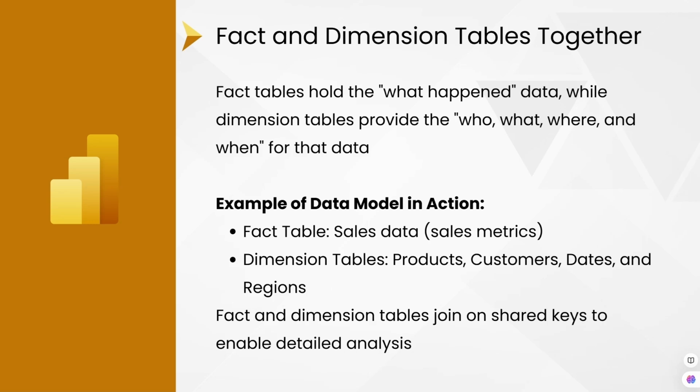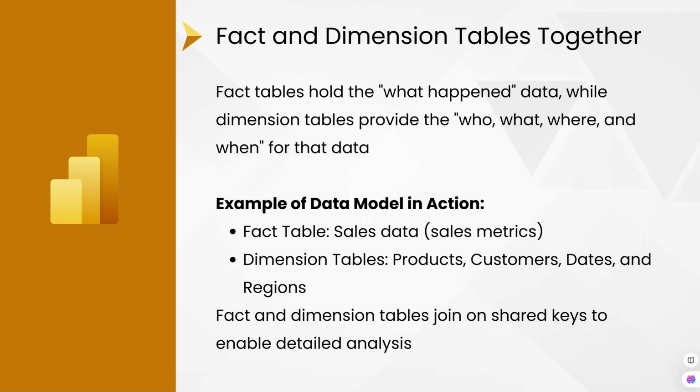For example, in a typical sales data model, the fact table might contain sales metrics, while the dimension tables include details about products, customers, dates, and regions. These dimension tables connect to the fact table using shared keys like customer ID or product ID, allowing us to analyze sales by customer, product, or time period. By joining these tables, we enable detailed, flexible analysis that answers a wide range of business questions.